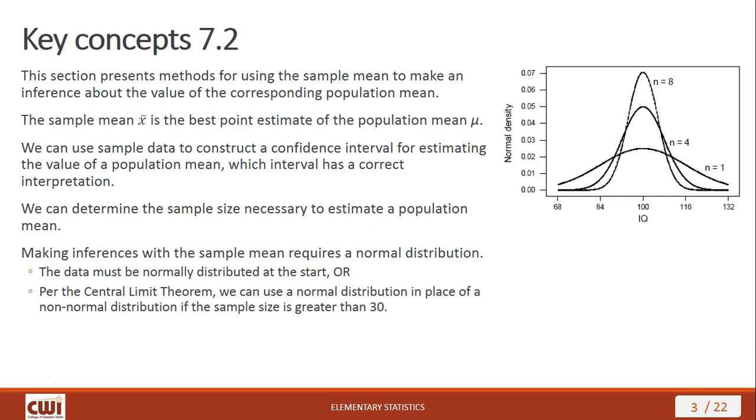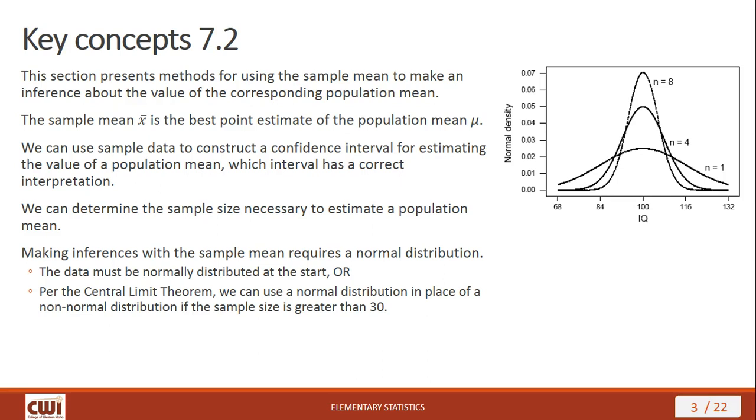We can use sample data to construct a confidence interval for estimating the value of a population mean. And there's also correct ways to interpret that confidence interval. We'll get into that in the lecture. We can also determine what sample size we need to have in order to make an estimate of a population mean for a given confidence level.